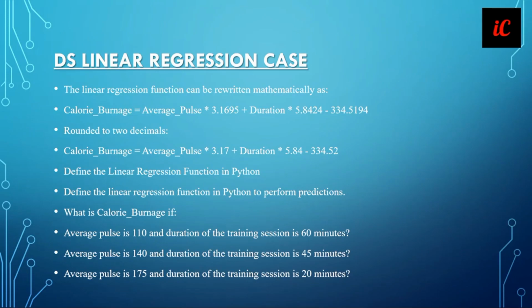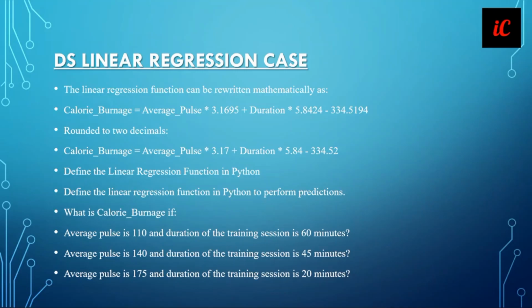Calorie burnage equals average_pulse times 3.1695 plus duration times 5.8424 minus 334.1594. So these are the decimal numbers you can provide while writing the function in mathematical form.